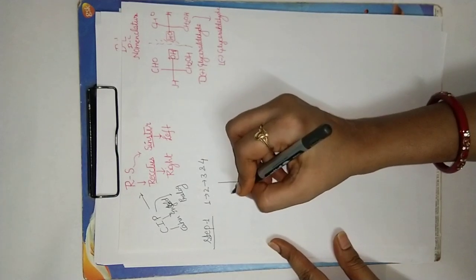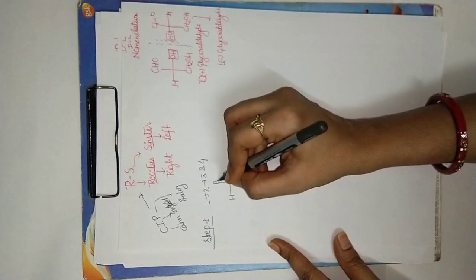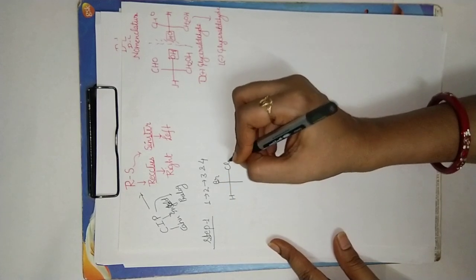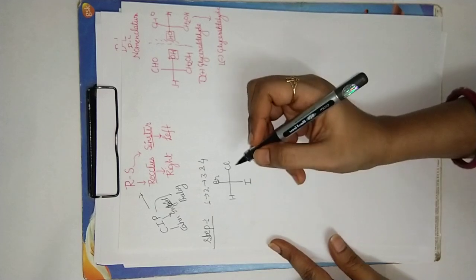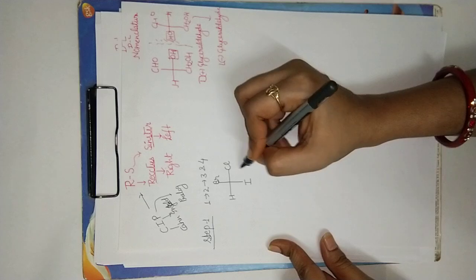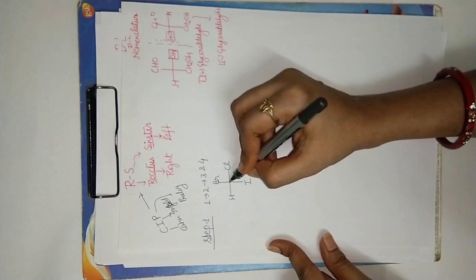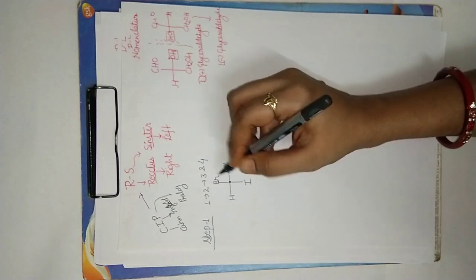I mean to say, if this is the compound, we have to give the numbers 1, 2, 3, 4 to all the atoms which are attached to the chiral carbon atom. This is the chiral carbon atom.